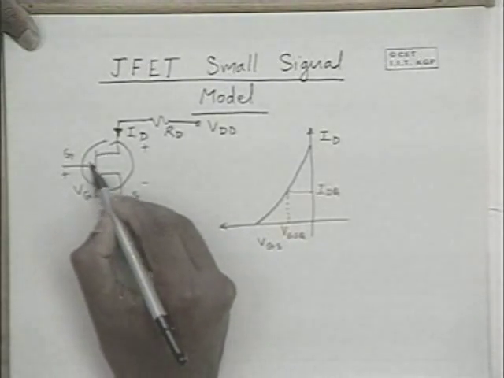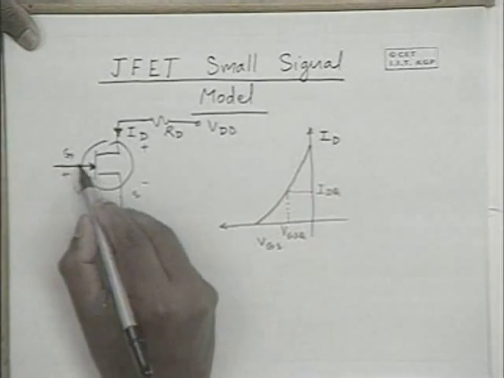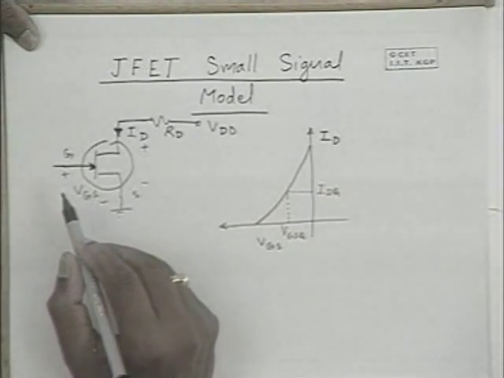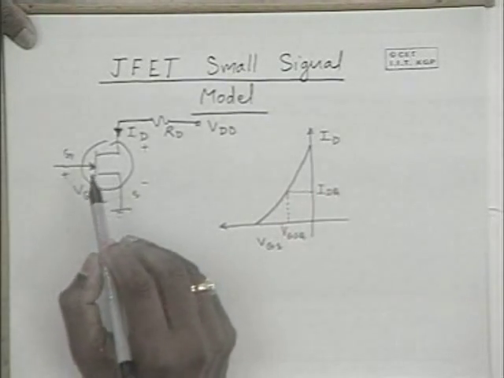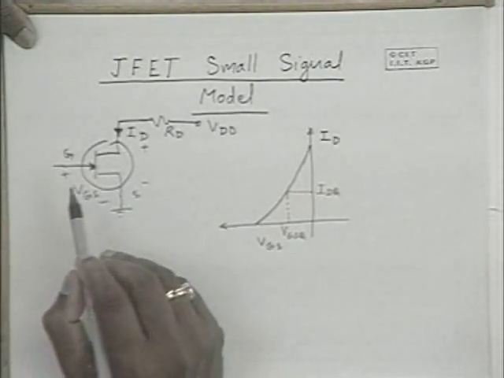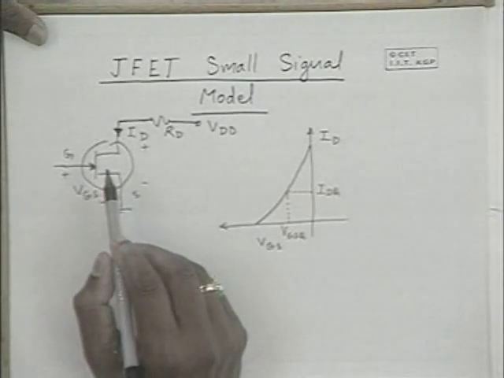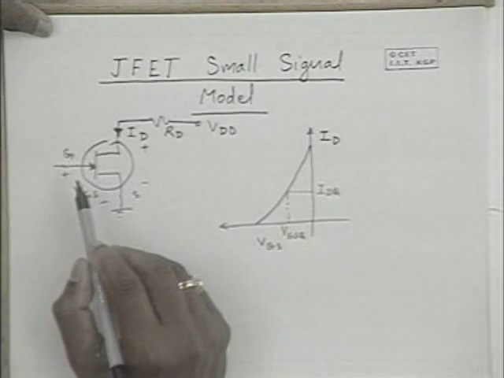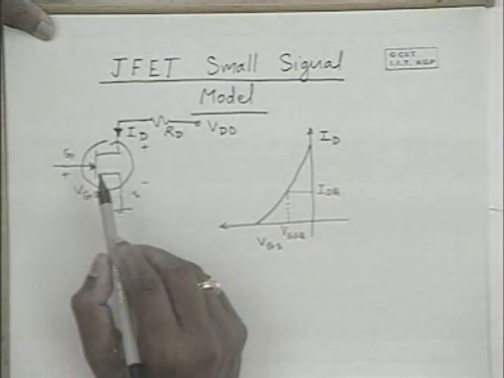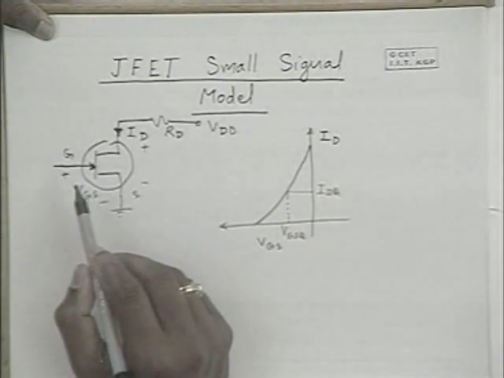Now, how much current flows into the gate in a field effect transistor? Because it is a reverse biased PN junction, a very small current, that is the reverse saturation current, flows through this. For all practical purposes, you can treat it as zero current.